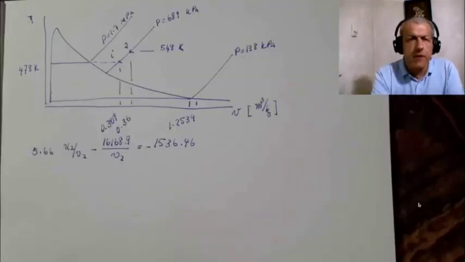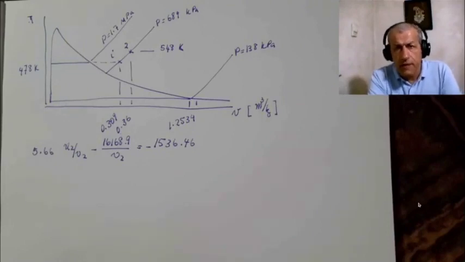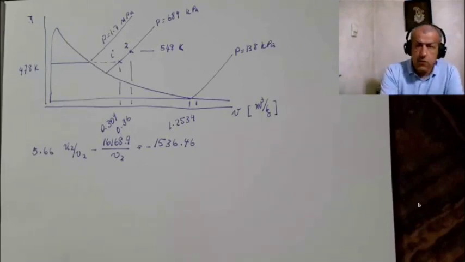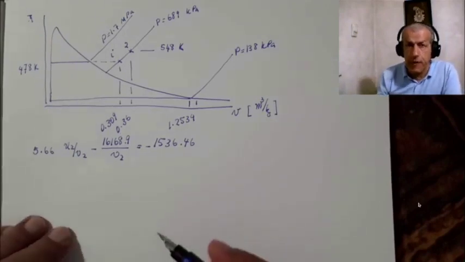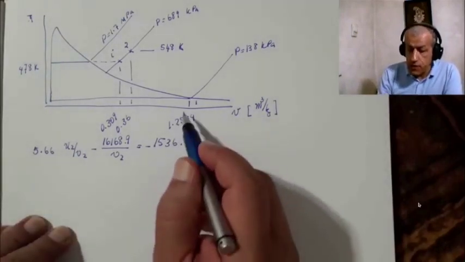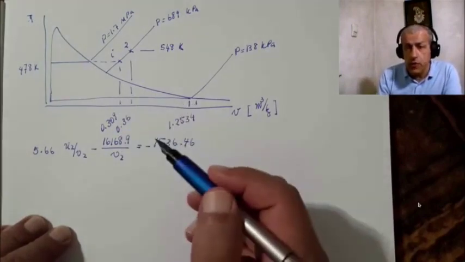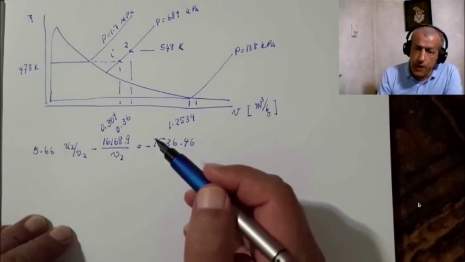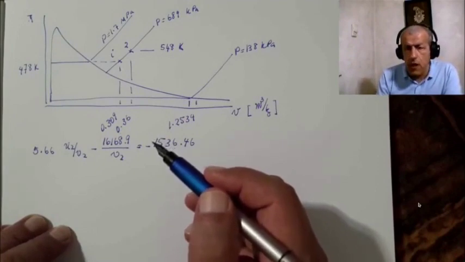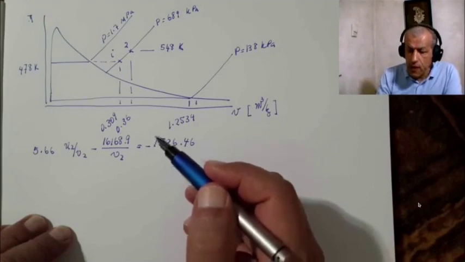I have redrawn this curve now just to be more in line with the difference that should happen between point 1 and point 2. And the question I want to ask is this. Is it possible?